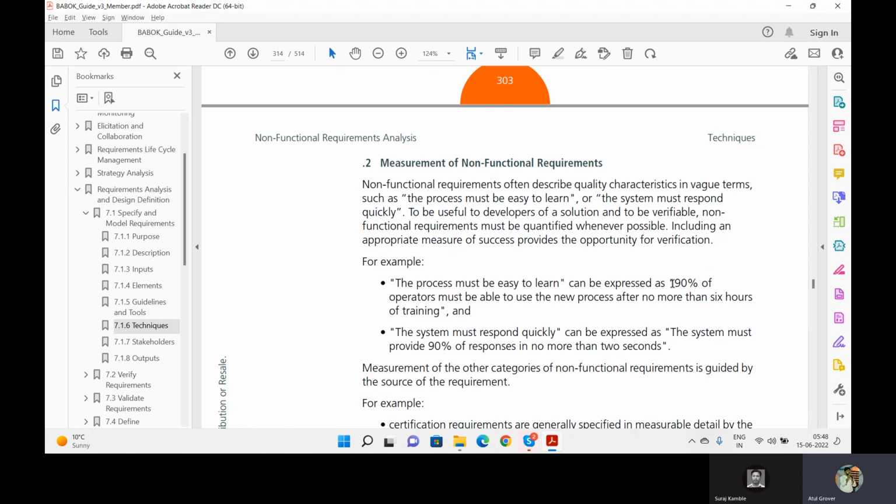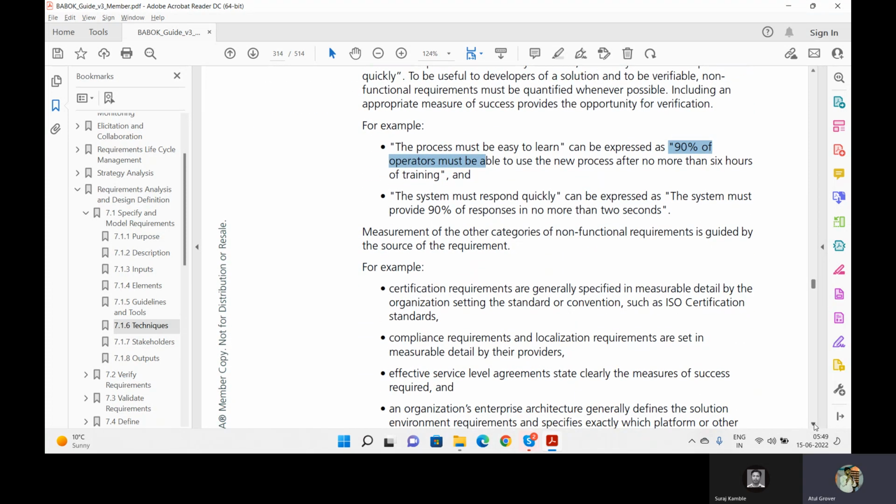If you express it like this, 90% of the operators must be able to use the new process after no more than 6 hours of training. तब आप बोलोगे मेजर करना इजी है, या 3 घंटे तक अगर मेरा सिस्टम हीटअप नहीं होता, then I say the performance is good. Means you have to put some kind of a limit here, some kind of numbers, facts and figures here. Only then you will be able to evaluate or measure the non-functional requirement.